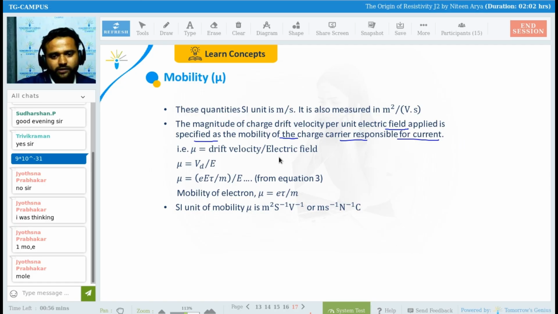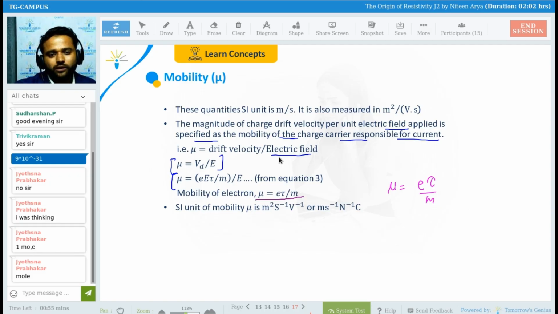So mu, which is drift velocity divided by electric field, mu equals Vd by E, mu equals E tau by m by E. This is your important relation which we are going to directly use, mobility of electron, mu equals E tau by m.